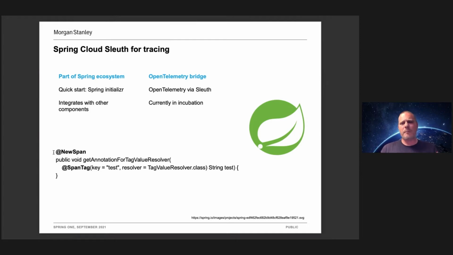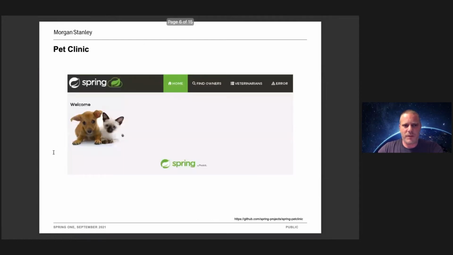So it basically brings in the best of both worlds. Now, it's currently in incubation, so to use it you need to add snapshot repositories. But that will hopefully come out of incubation soon, and then it will be much easier to use.